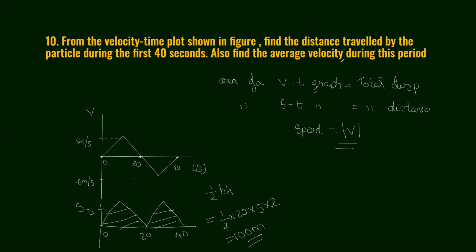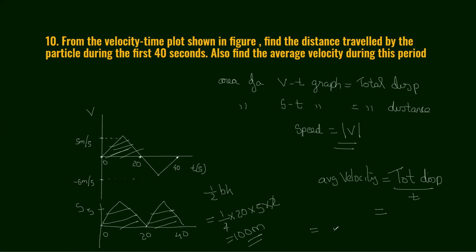Now you have to find the average velocity. Okay, so average velocity equals total displacement by time. So we know that displacement is the area under a velocity time graph. So we just have to find the area of this graph. What's the area of this portion? That is half BH.